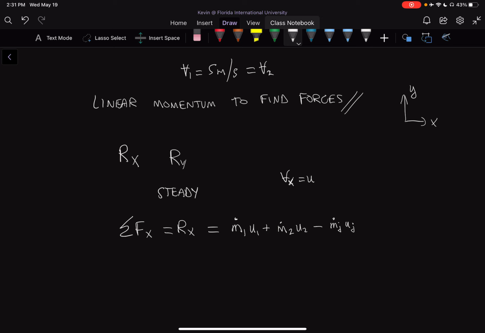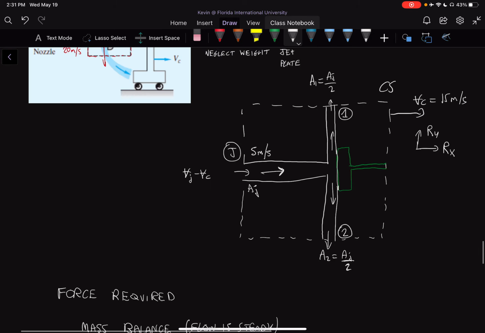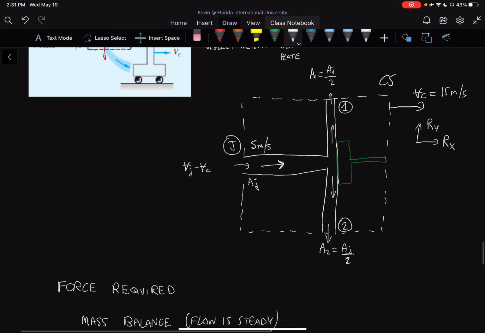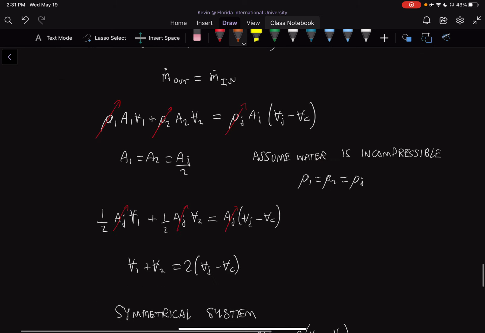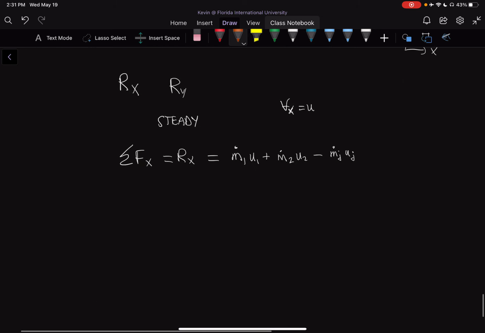Now, if we look at our free body diagram, do u1 and u2 have a term? The velocity coming out at point 1 and point 2 is vertical. So what do u1 and u2 equal? They have no component in the x direction, so u1 is equal to 0 and u2 is equal to 0.